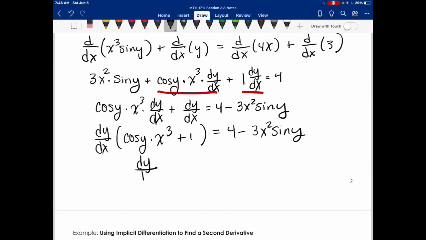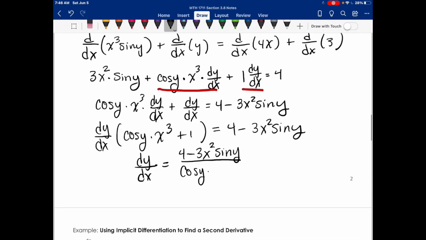So my derivative of y with respect to x is equal to 4 minus 3x squared sine y all over cosine y times x to the third plus 1. And actually, it's probably even better and less confusing if we put the x to the third in front. So I would write it as x to the third times cosine y, and then plus 1. So this is my derivative of y with respect to x.